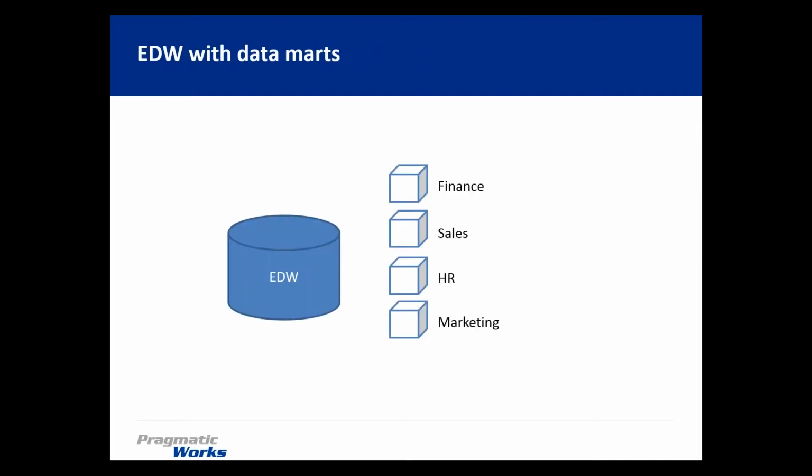So let's say you have an enterprise data warehouse and you've built up your cubes. Your enterprise data warehouse has all the data in your enterprise, all of it, your finance, your sales, HR, your ERP, CRM, all that data. And you've built these discrete cubes off of that using Analysis Services. That's great.